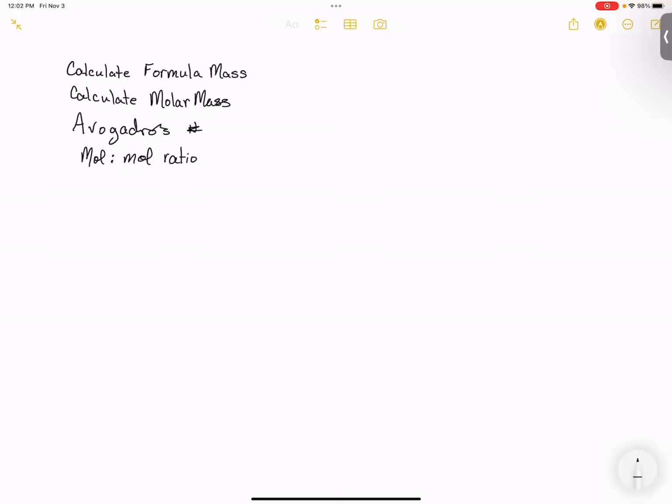On Wednesday, we used the formula mass to go between grams and moles. I should say, excuse me, the molar mass to go between grams and moles. We used Avogadro's number when we were talking about atoms, ions, or molecules, and we used mole-to-mole ratio in order to go between two substances.